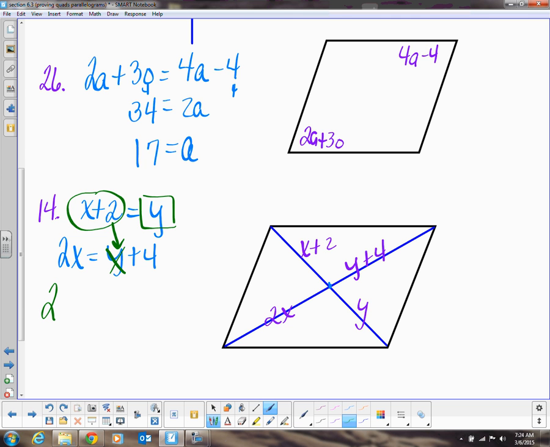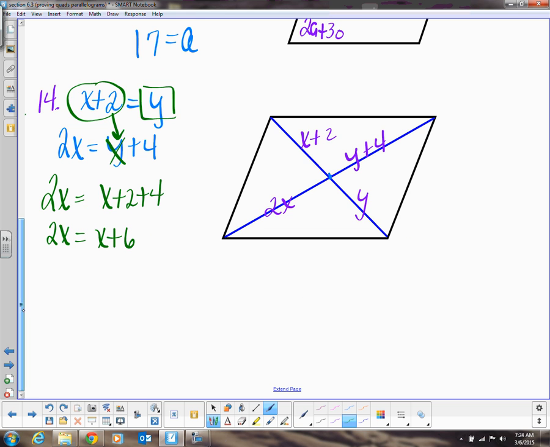So you've got 2x is equal to x plus 2 plus 4, or 2x equals x plus 6. Now what do we do? Subtract the x, so you have x equals 6. So if x equals 6, what is y going to equal? X is 6. 6 plus 2, I put 6 in for x, and you get 8, exactly. And that's how 15 and 16 both go. Next question.